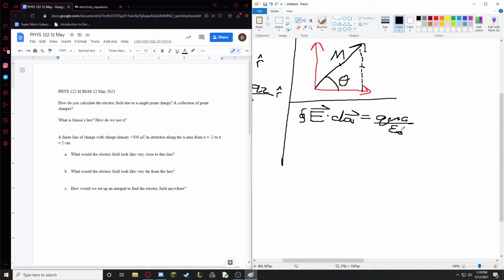So what is a Gaussian surface? Like an imaginary thing around what we're trying to find the electric field or electric flux around. Exactly. And what sort of situations can we use these imaginary surfaces in?